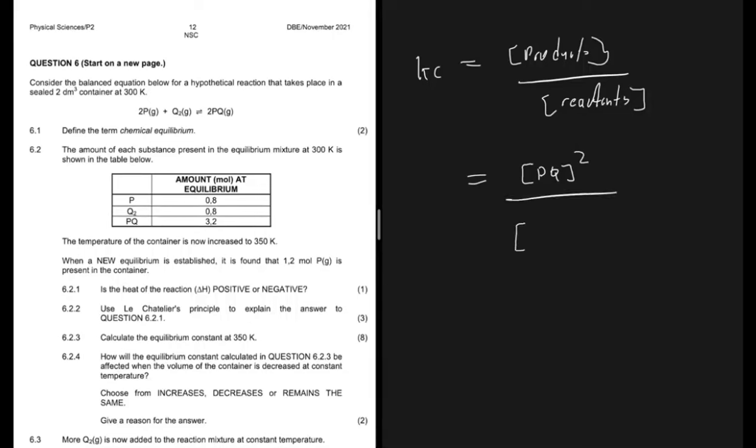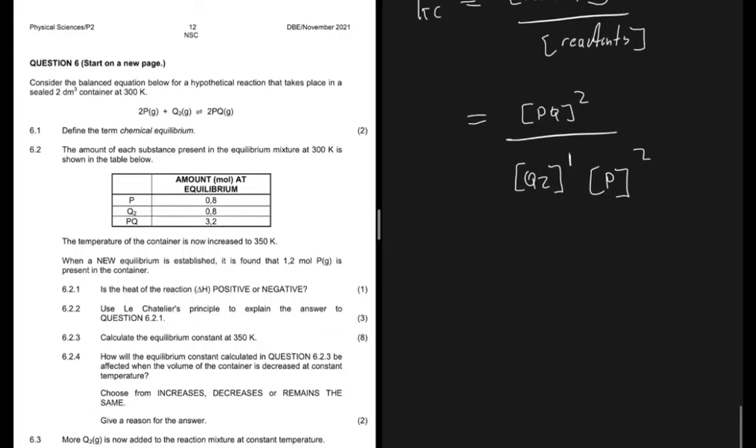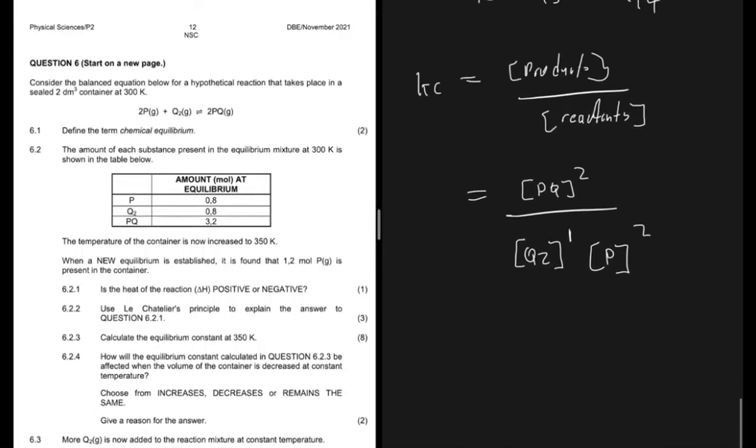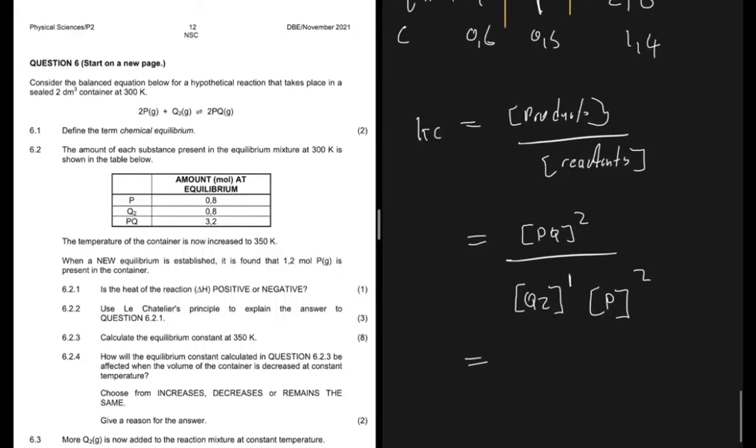So for Q, which is in the denominator because it's a reactant, the balancing coefficient is 1, so we're just going to say to the power 1, or you don't have to write that because it's always assumed. And then for P, we're going to have P to the power of 2 because the balancing coefficient is 2.